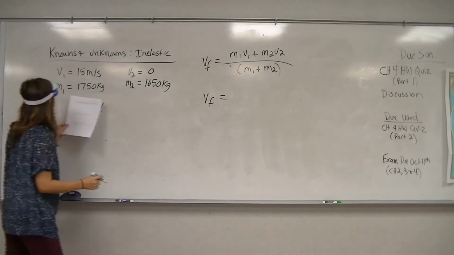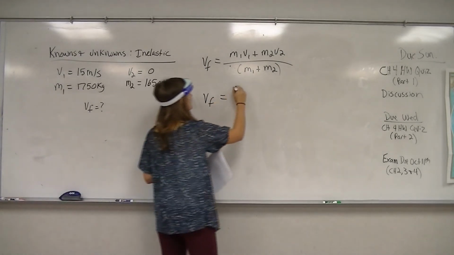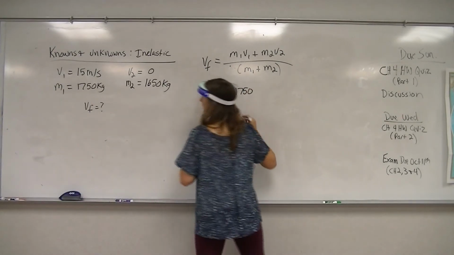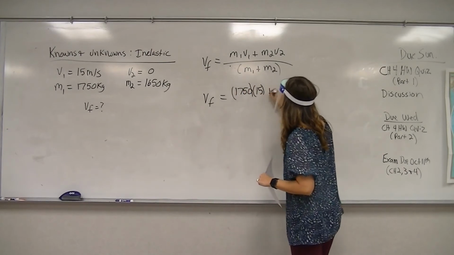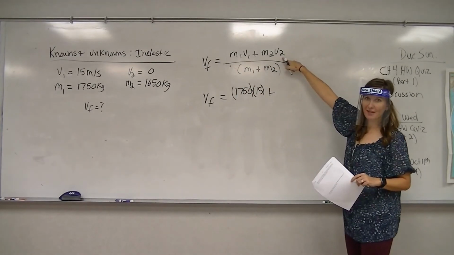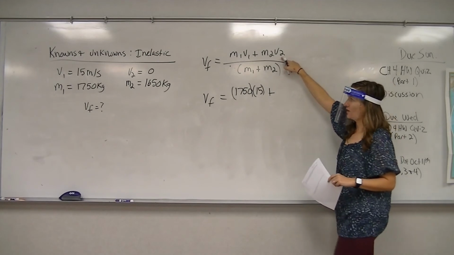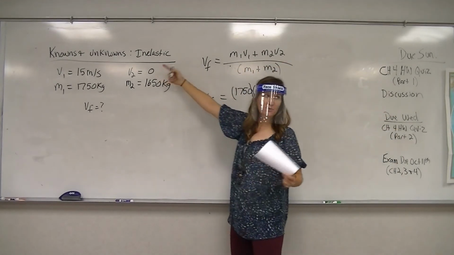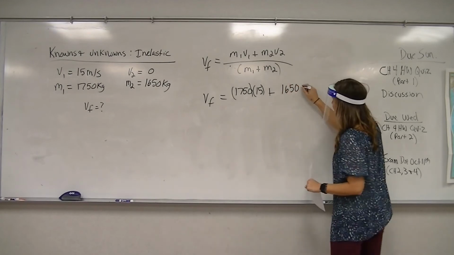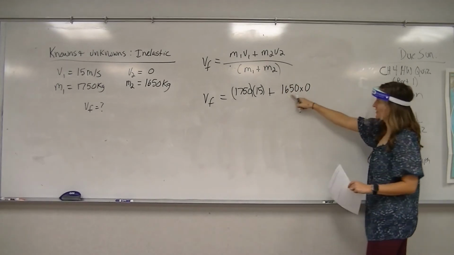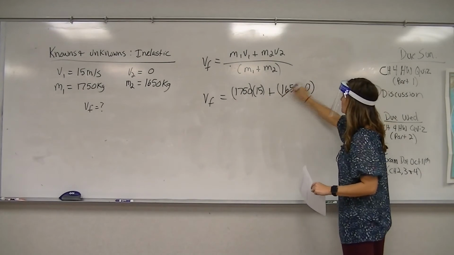Mass of the first car, 1750, and his velocity was 15. We add that to the momentum of the second car. The second car has 0 velocity, so 0 momentum, but I'll show it written out: 1650 times 0 is equal to 0.